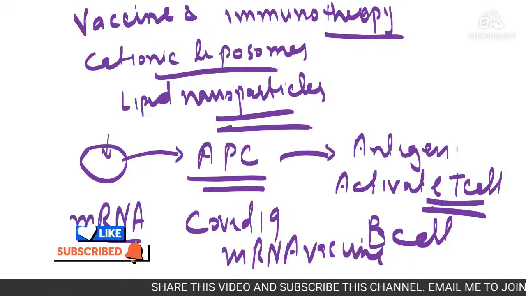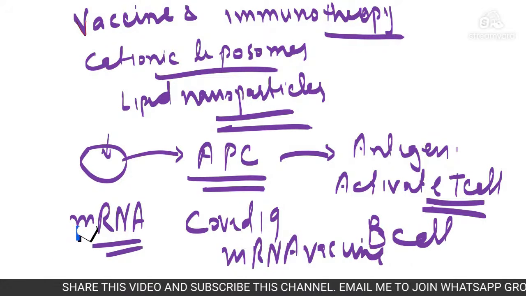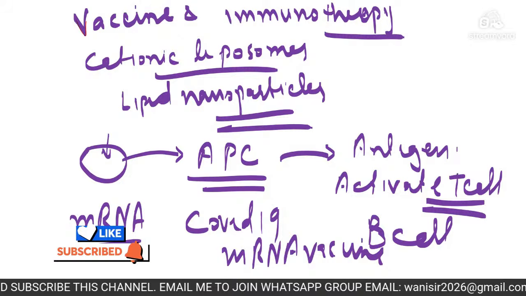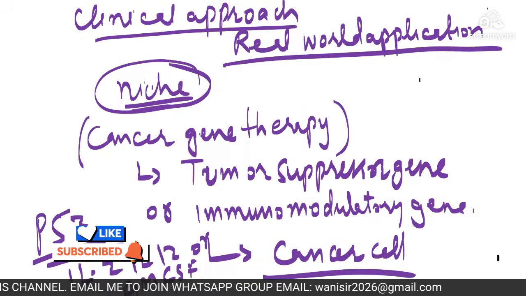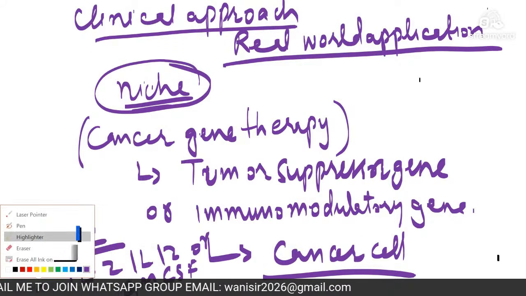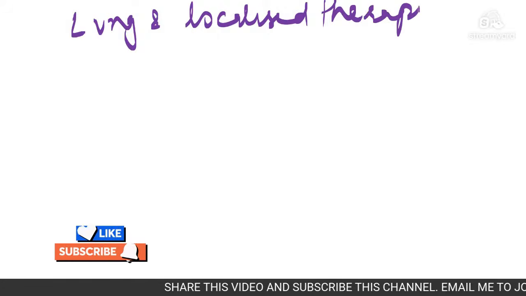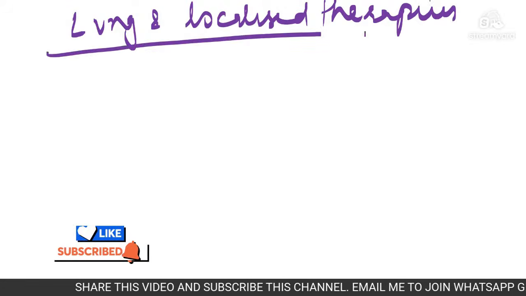So, in today's world, liposome-like systems are already used in humans, not just in the test tube. Next, lung and localized therapies. So, what are the lung and localized therapies?